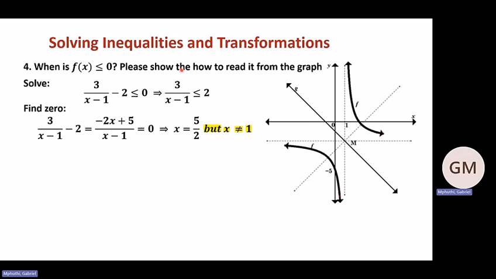So to find the zeros, we still retain this function, we write it as it is, and we equate it to 0. In other words, we multiply this by x minus 1 and divide by x minus 1 to make this the same fraction, so that we can add or subtract them.